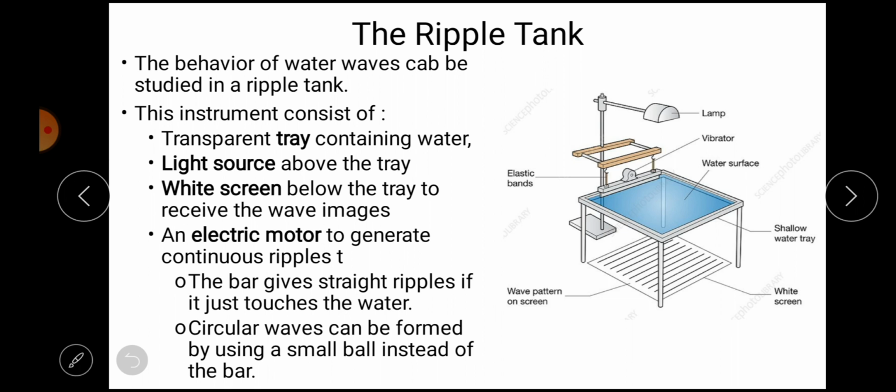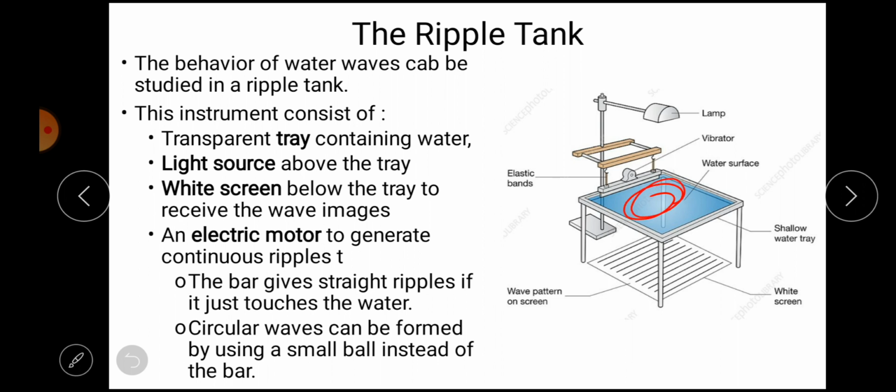So here we have this tray, and it contains water. We have a light source here. You see this lamp. That light source is above the tray. It shines over the water, and that is going to show the waves that are formed here.